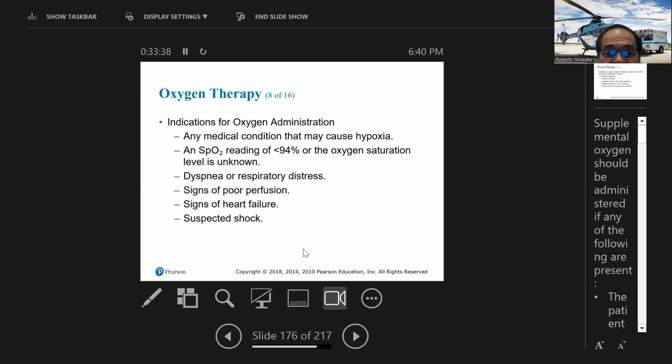Indications of oxygen administration: any medical condition that may cause hypoxia, an SpO2 level reading of 94% or less, or if the saturation level is not known. Dyspnea or respiratory distress, signs of poor perfusion, signs of heart failure, and suspected shock.